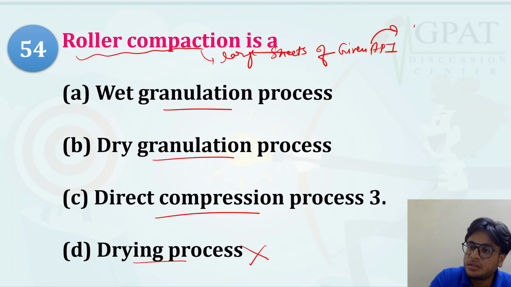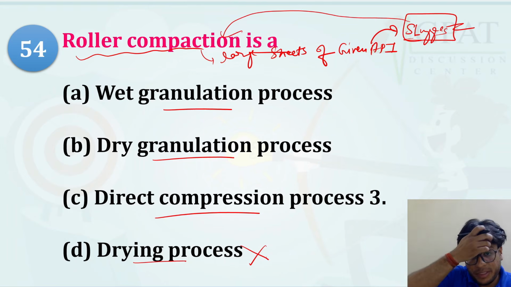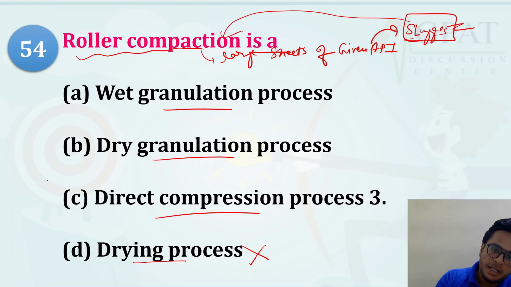Sludge. So these sludges are mainly formed by what? The roller compactor. And these sludges are only formed in the case of what? Dry granulation. Okay, these sludges will only form in the case of dry granulation. So B is going to be the correct answer.